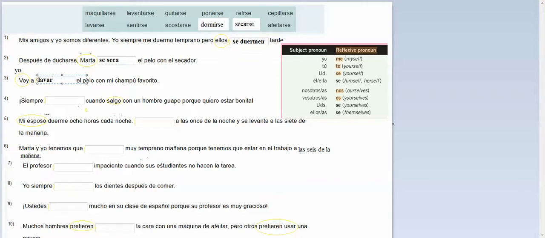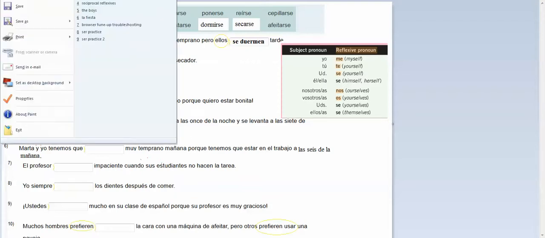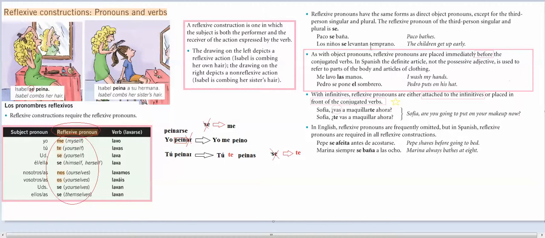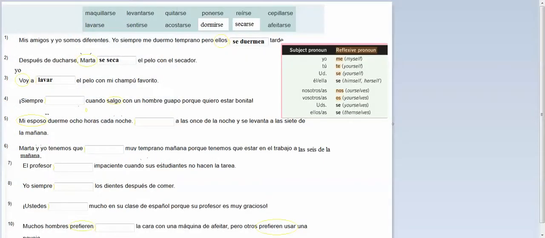So let's, okay, so let me show you. If you look here, with infinitives, reflexive pronouns are either attached to the infinitives or placed in front of the conjugated verbs. So let's go back and look at our example. Okay, so here we could either put our reflexive pronoun in front of the voy or we can attach it to lavar.